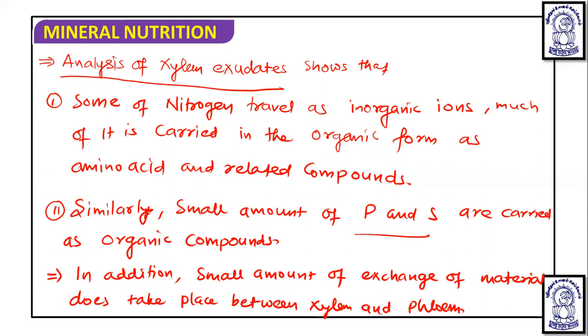So from this it is concluded that we cannot clearly make a distinction and say categorically that xylem transports only inorganic nutrients while phloem transports only organic material, which is what was traditionally believed. So there is no clear distinction that the xylem transports inorganic ions and the phloem transports organic ions. Okay, so that is what we wanted to say about translocation.